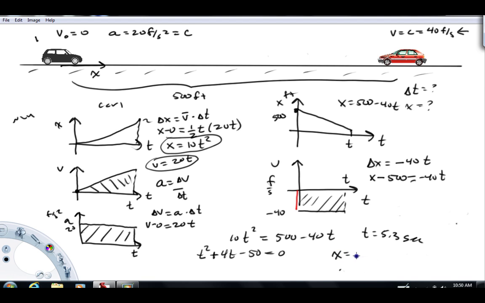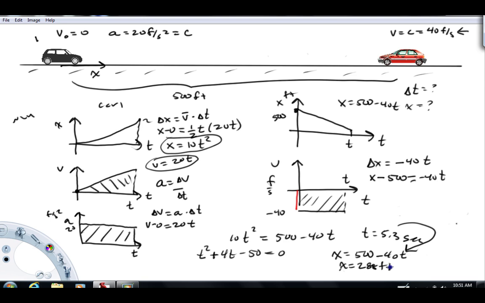X is going to equal 500 minus 40t. When we put the 5.3 in, I had only put in 4t, so I screwed that up. Sorry. 500 minus 40 times 5.3. 288 feet. That's what I get out of that. So they're going to cross at about x equals 288 feet.